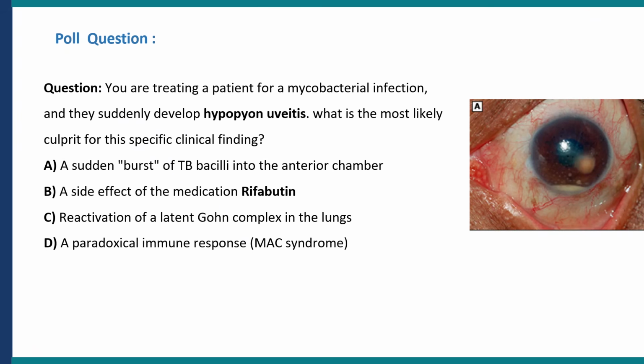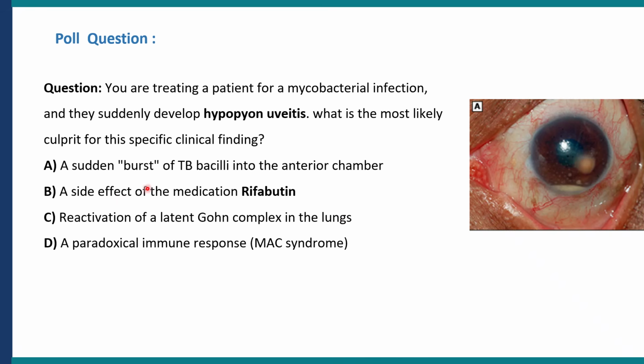This is an important question. While you are treating a patient with mycobacterial infection, you suddenly notice deterioration, and he has hypopyon in the anterior chamber with sudden deterioration, as you can see here. Now, what's the most likely cause for this problem?